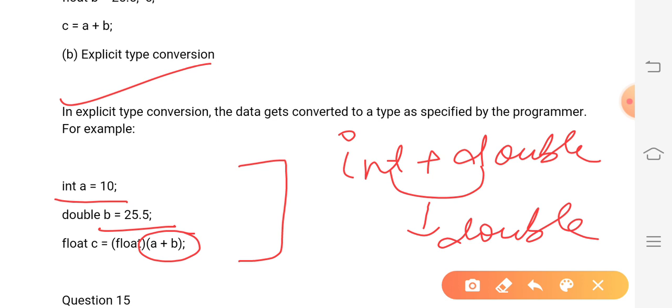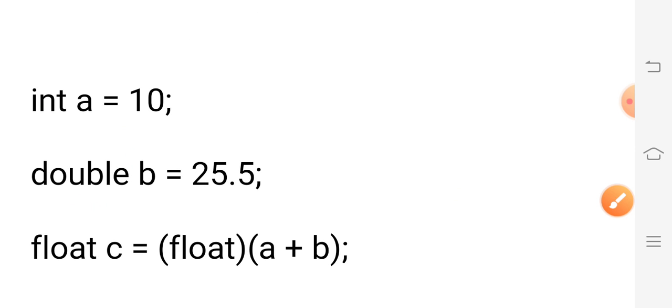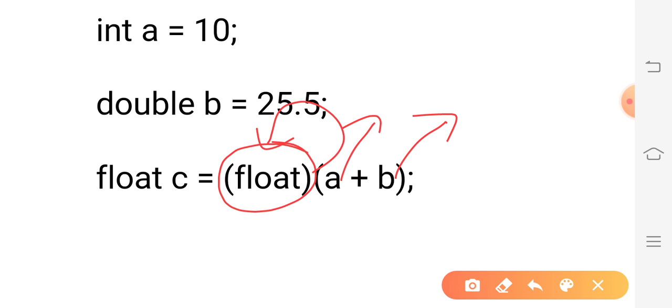But if you don't want the answer in double, if you want the answer in float, what will you do? Look here, what we have done, we have written float in brackets. It means that when you add integer and double you get double, but we are converting the double back into float. And then we are assigning it into a float type variable C.